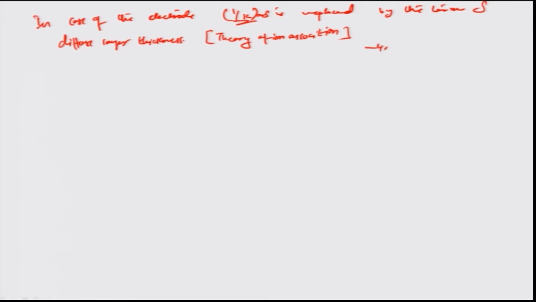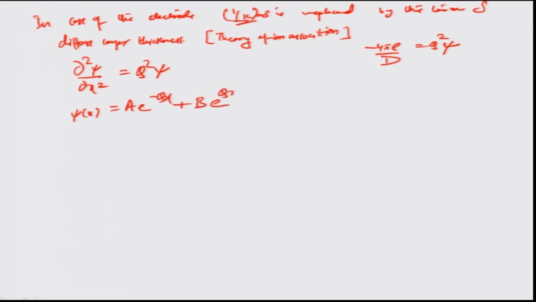And obviously, as you may recall, this 4 pi rho by d, the minus sign, is represented as q square psi in this particular case. So we have general solutions of this equation del 2 psi by del x 2 equal to q square psi as psi of x equals a e to the power of minus qx plus b e to the power of qx, and at a distance x equal to infinity, psi of x equals 0.